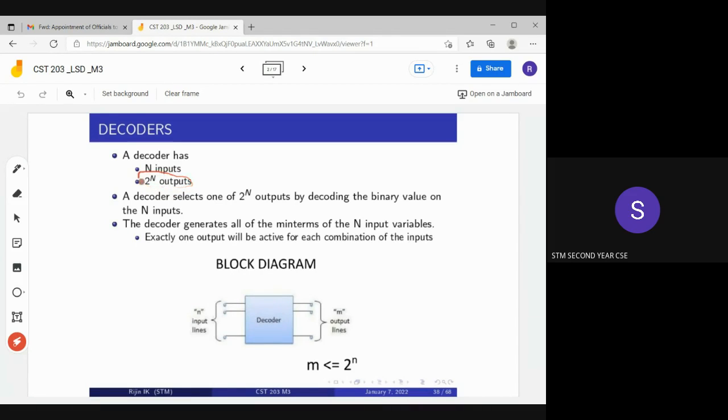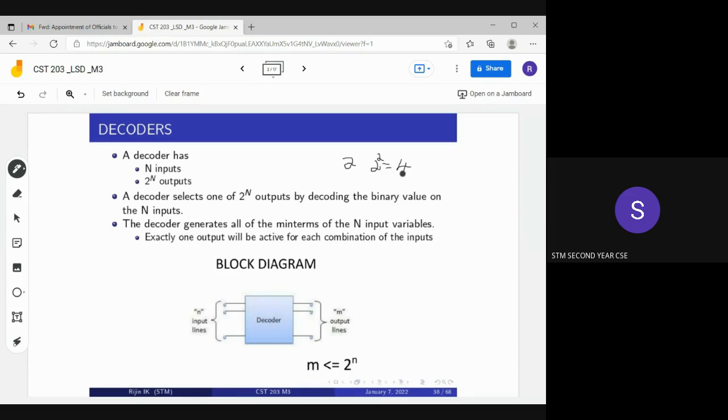That means, suppose the decoder has two inputs, then it will have 2 raised to 2, that means four output lines. So that is what the decoder is.